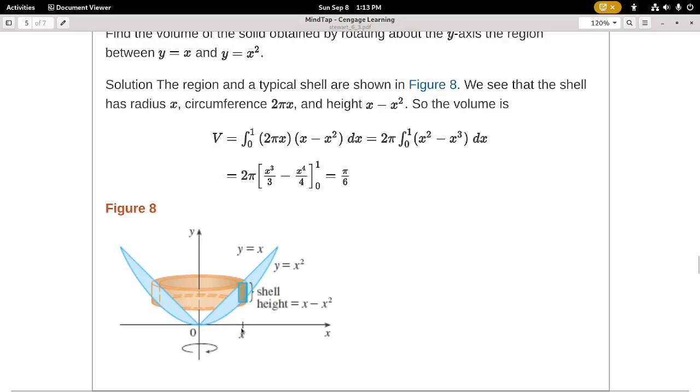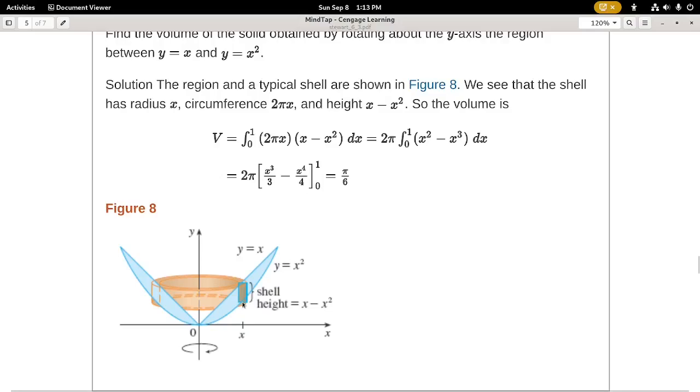So when I'm at a point x and I cut vertically there, the only thing that changes is I just have to be a little bit more careful about how I compute the height. In this example, to compute the height of this cross section here, it's just the top curve minus the bottom curve.